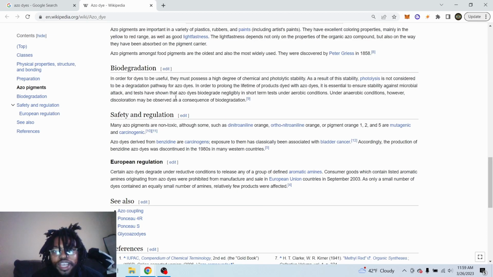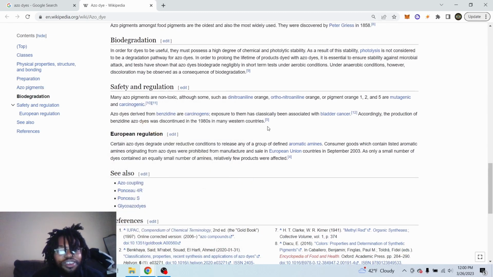Tests have shown that azo dyes biodegrade negligibly in short-term tests under aerobic conditions, with oxygen, I believe. Under anaerobic conditions, however, discoloration may be observed as a consequence of biodegradation. What the heck? I don't even understand that.